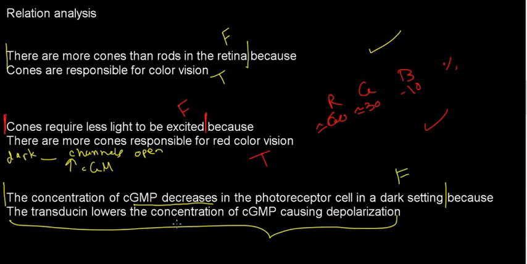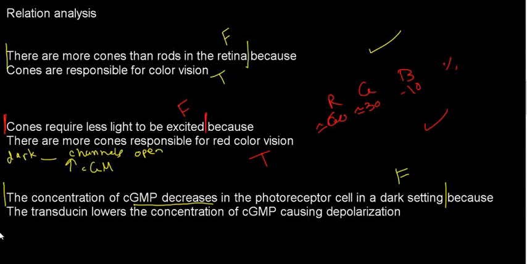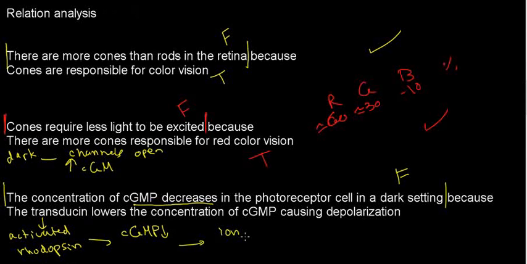The transducin lowers the concentration of cGMP, causing depolarization. And we know that the transducin is basically the activated form, you can say, of rhodopsin. There's more at play here, but this is the level that we need to understand it in. When rhodopsin is activated and transducin is present, then cGMP decreases, and then ion channels close.